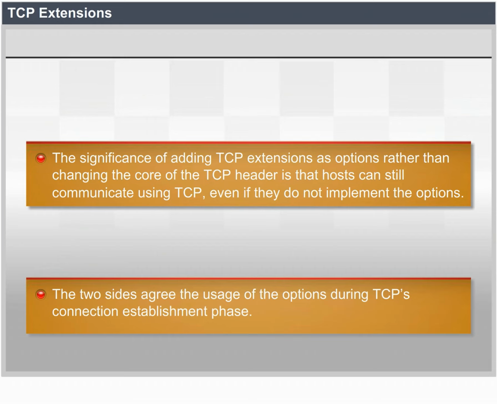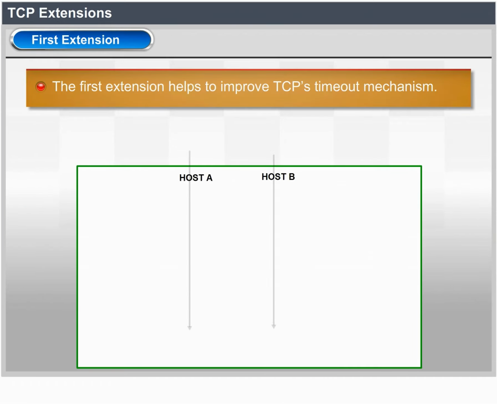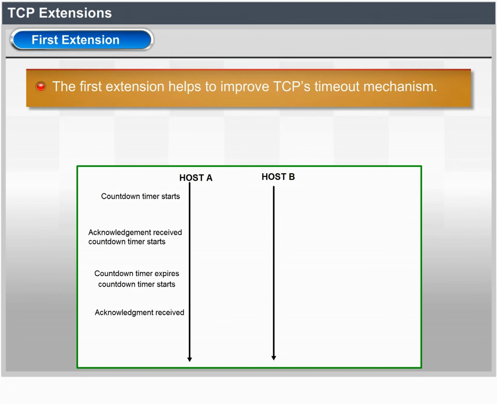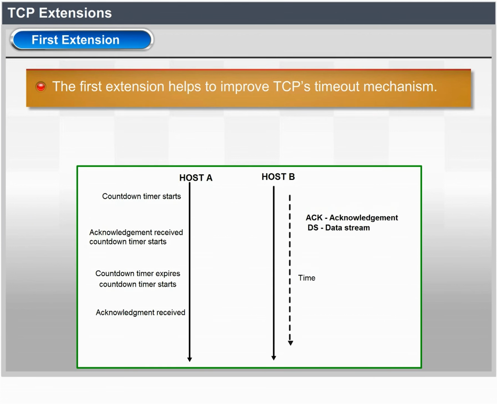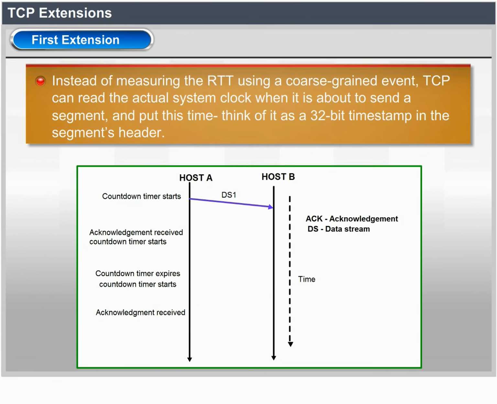First extension: the first extension helps to improve TCP's timeout mechanism. Instead of measuring the RTT using a coarse-grained event, TCP can read the actual system clock when it is about to send a segment and put this time, think of it as a 32-bit timestamp, in the segment's header.